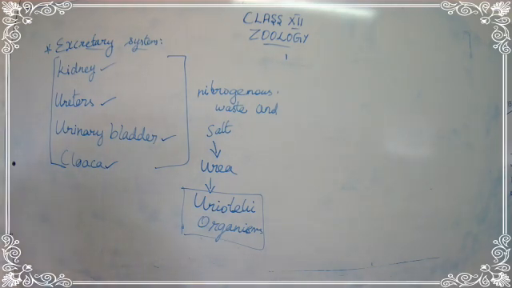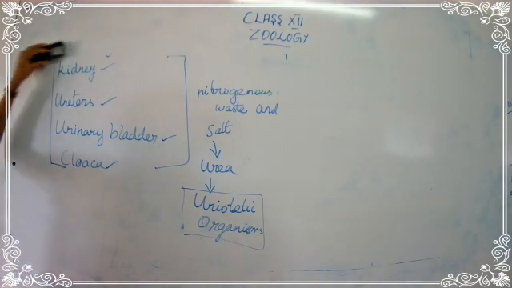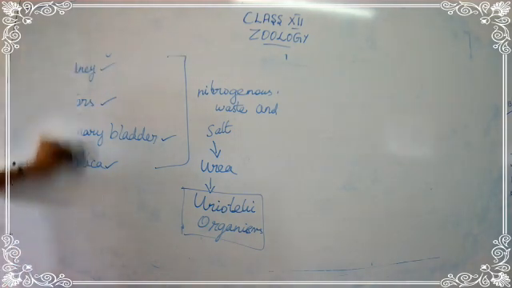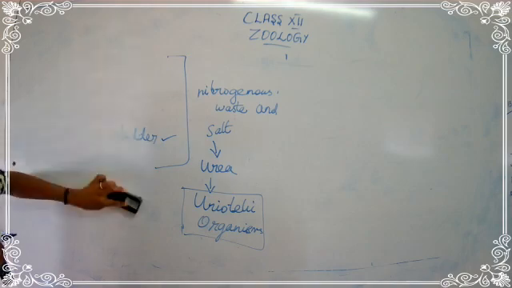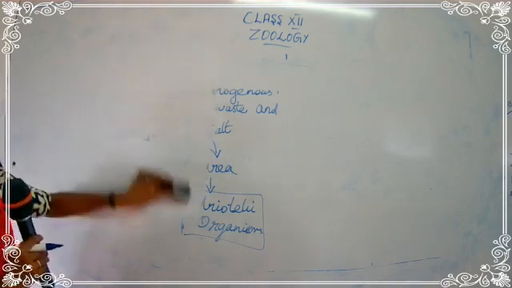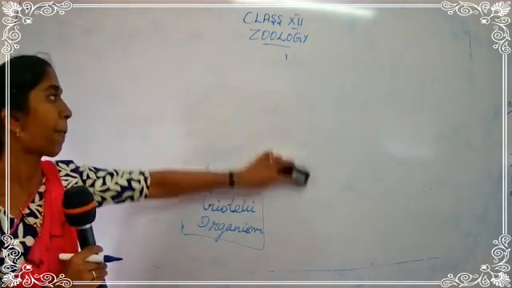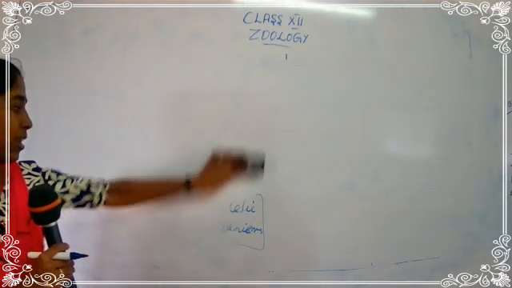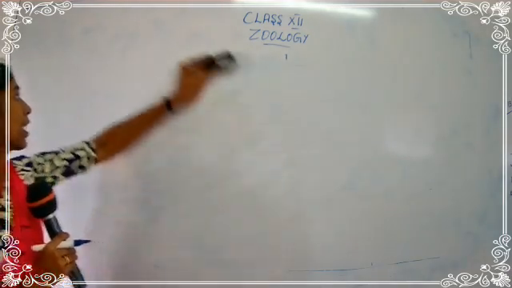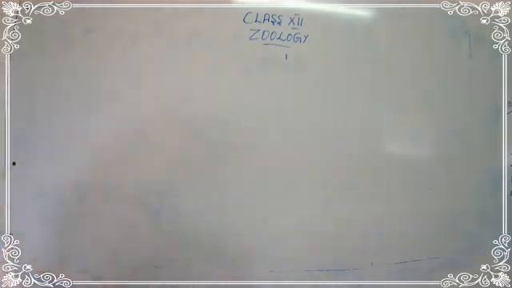Okay. Then the next one is the reproductive system of the frog. First of all, we have seen the blood vascular system, then the nervous system, and now the excretory system.